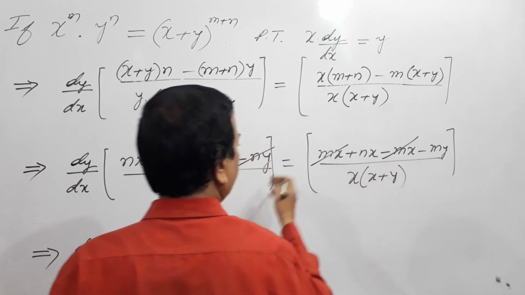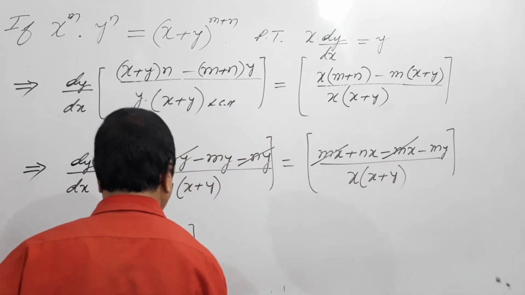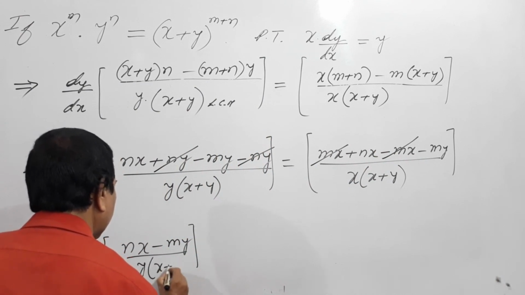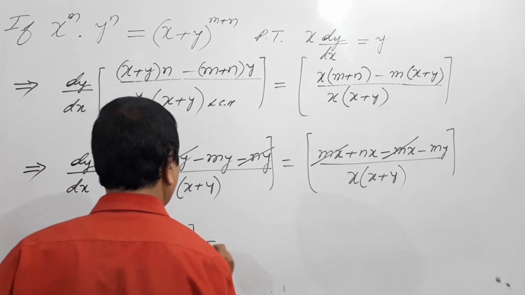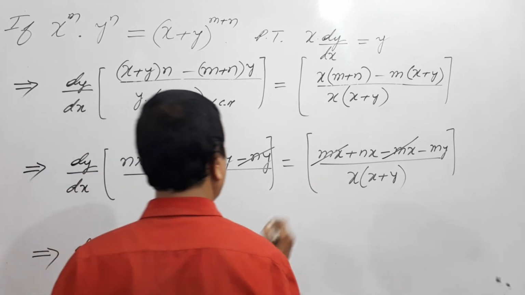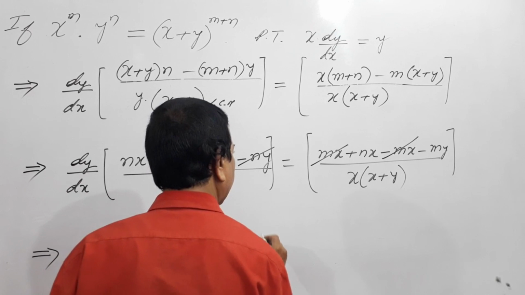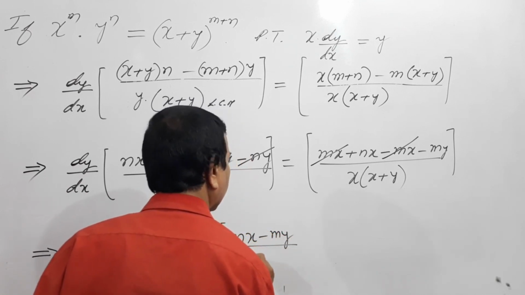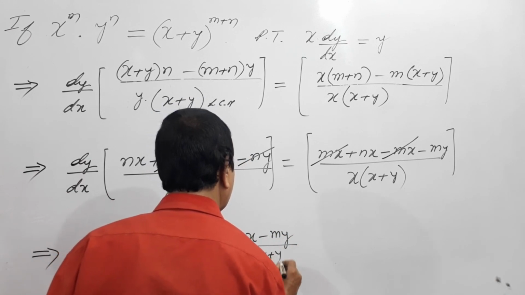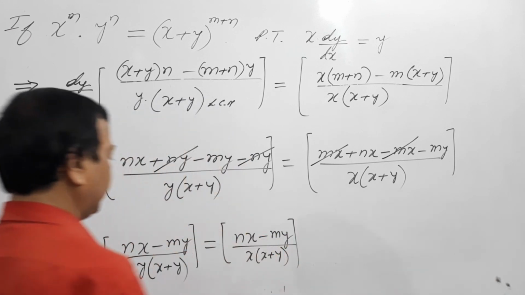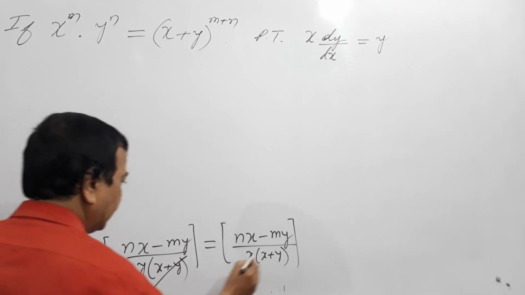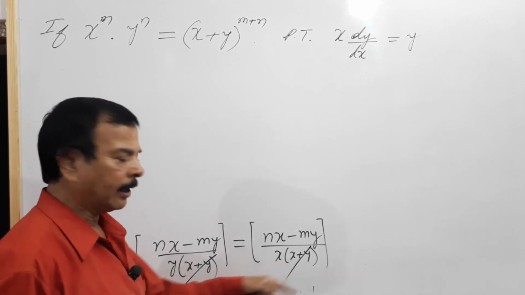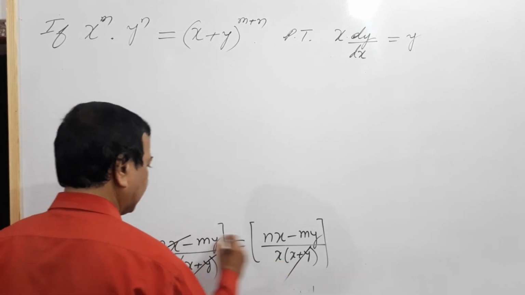So I'll bring this. Okay, almost settled, right? No problem. Divided by y into x plus y equals to nx minus my by x into x plus y. We have this cancels and this x plus y cancels. So x plus y gets cancelled, x plus y gets cancelled.